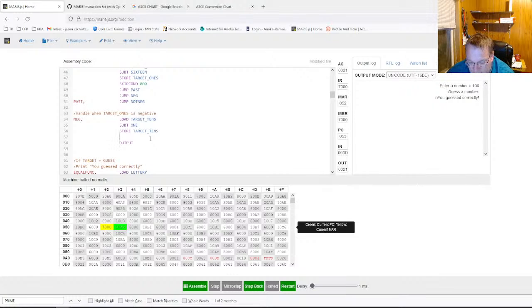Oh, before I do an output, now I need to load target 1s, and add 16 to that. Then store target 1s. And I can do an output there.